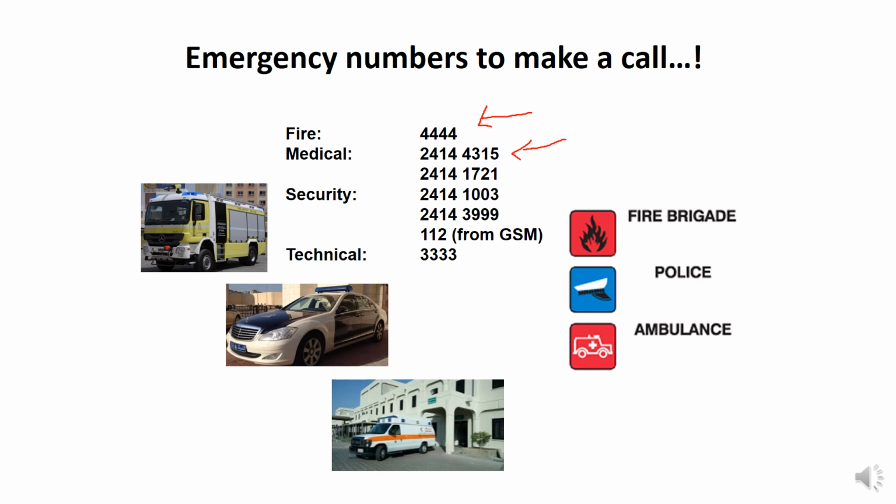These are also the medical hospital numbers and security numbers, and a technical assistant can also be available. In each lab we already display these numbers, and you should also remember them. If something happens and you cannot find anybody there, you can contact these numbers.